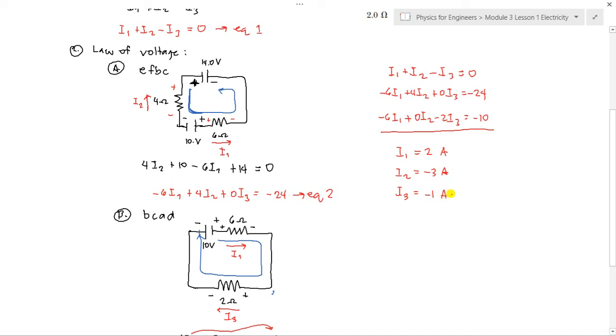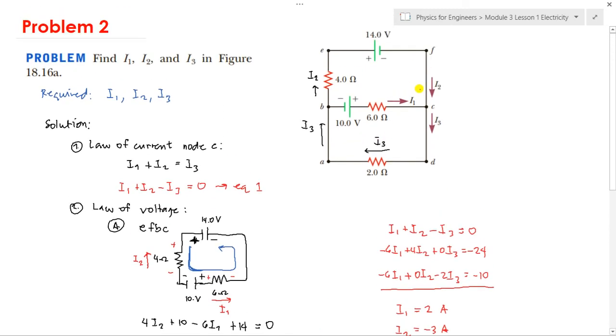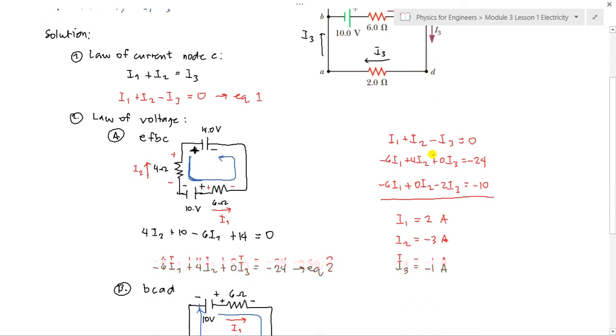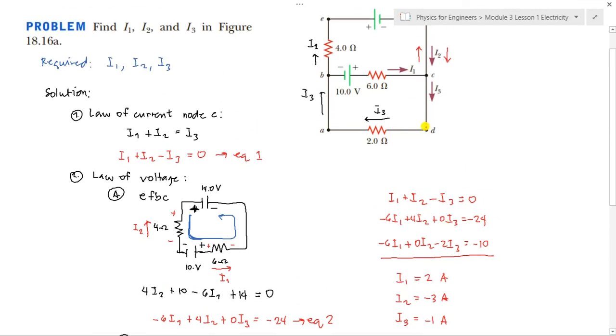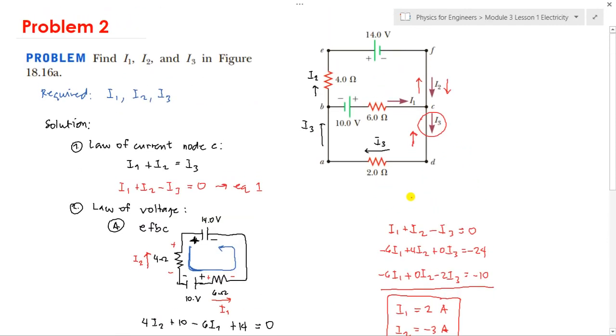Negative means the direction of our I2, instead of going up, the actual direction is going down because it is negative. And for I3, what we assumed is downward, where in fact it is upward. Basically, class, if we get a negative answer for our current, its sign is simply reversed. So that's all there is to it, class.